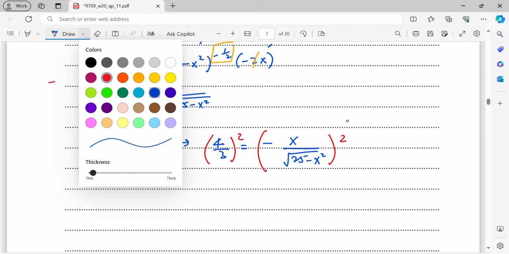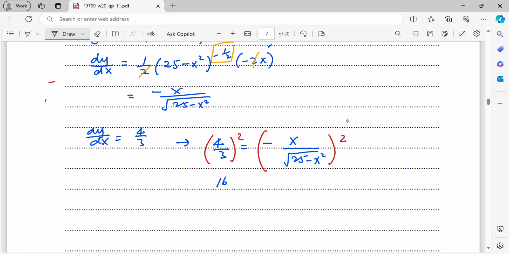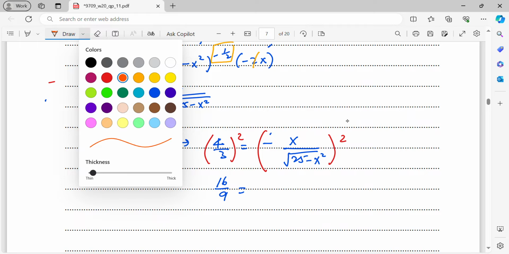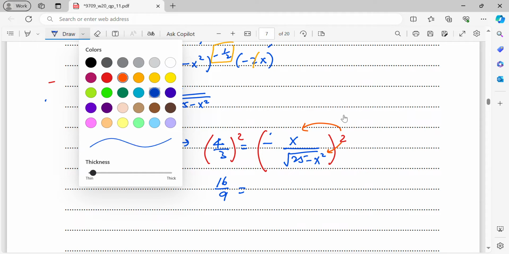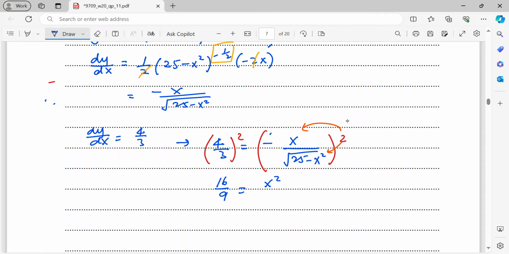So left hand side, I will be getting 16/9. For the right hand side, once you square the negative, it's no longer negative, it becomes positive. Then bring the square to the numerator and denominator. So the numerator becomes x squared. For the denominator, the square root and square will be cancelled off. Then I will be getting the quadratic function.